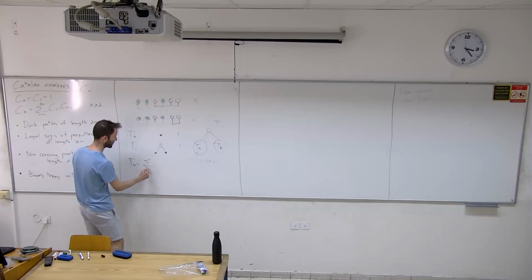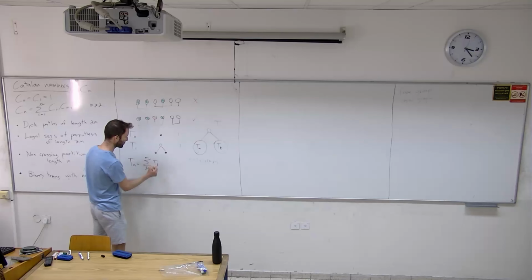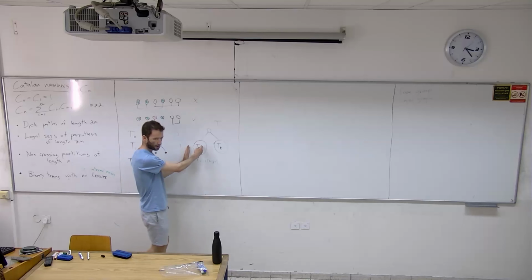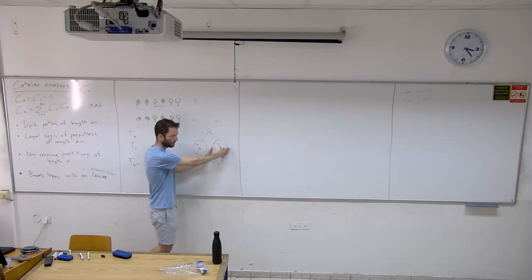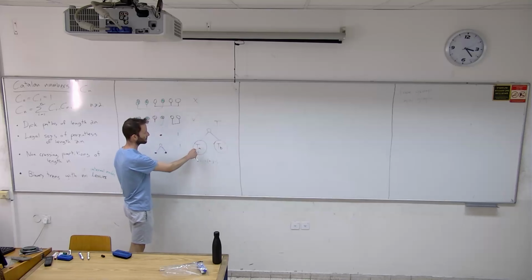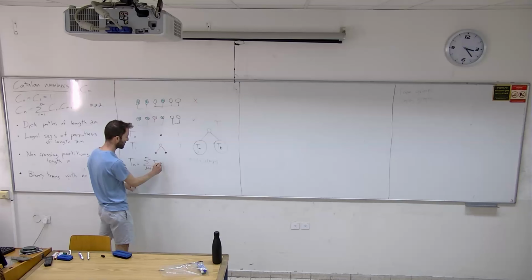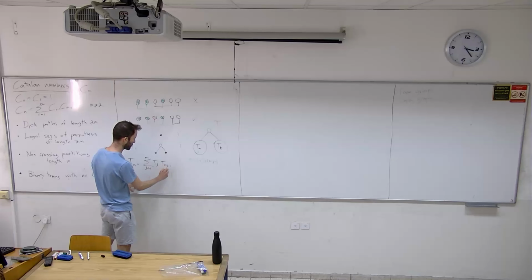So this is j goes from 0 to n minus 1 of all the options I have to construct. So first of all, I decide how many internal nodes are here and how many are here. And afterwards, I say, okay, after I decided that, how many options do I have for the left part? So it's Tj times T n minus j minus 1.